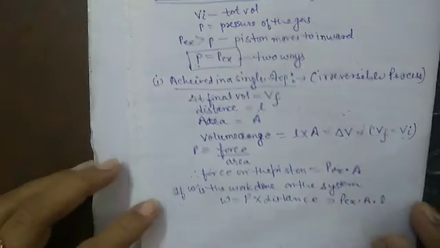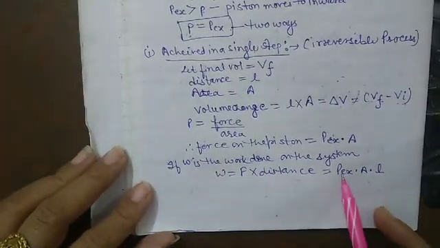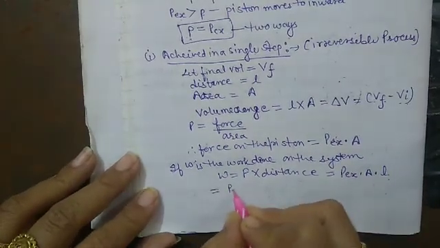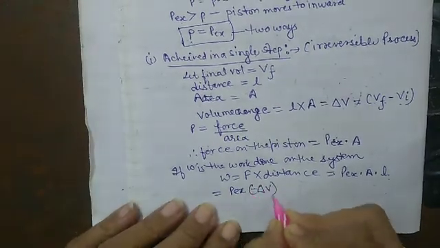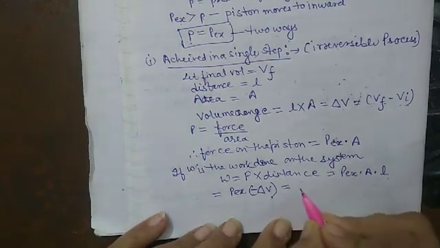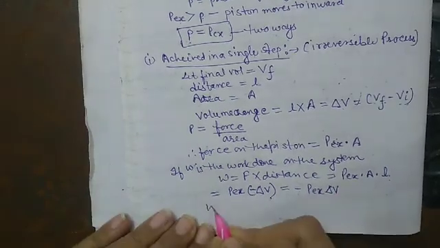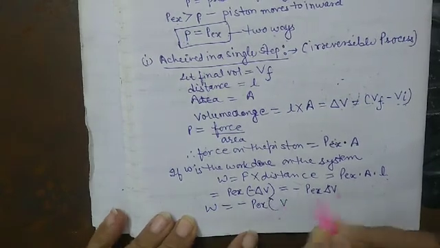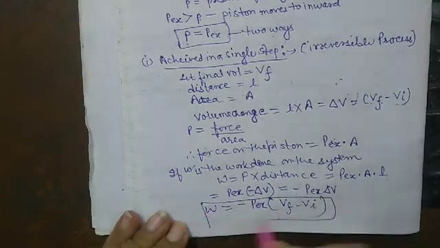So work is equal to force into displacement, that is P external A L, and that is P external delta V, so W is equal to minus P external delta V, where delta V is Vf minus Vi. So this is the first step.